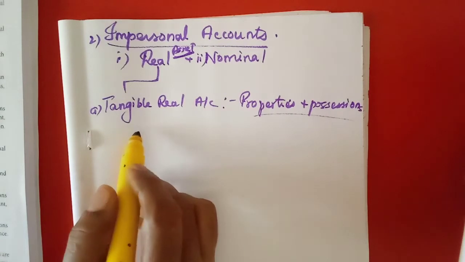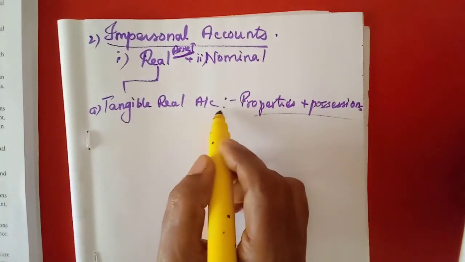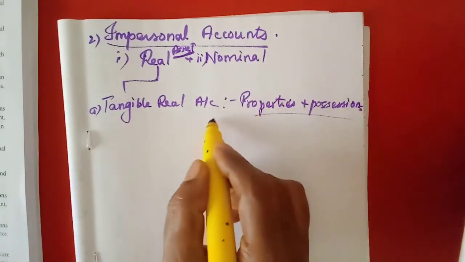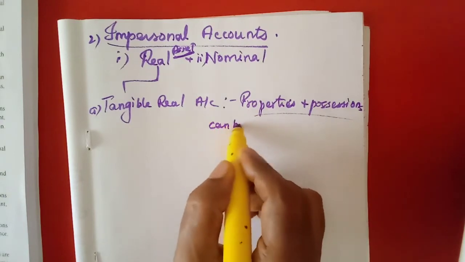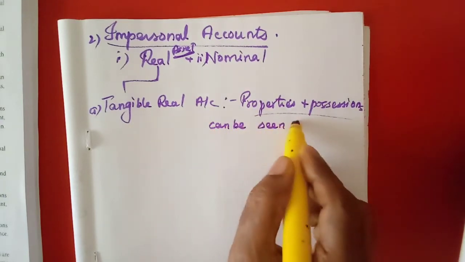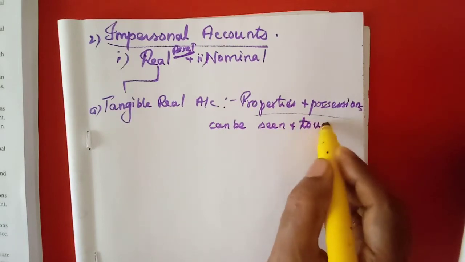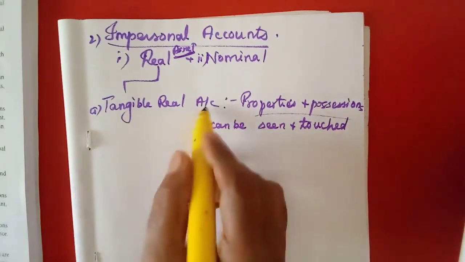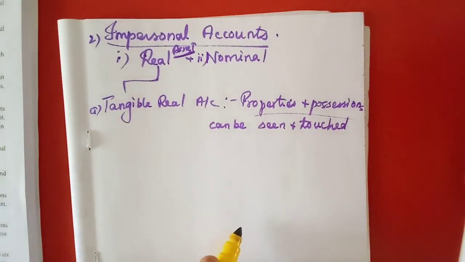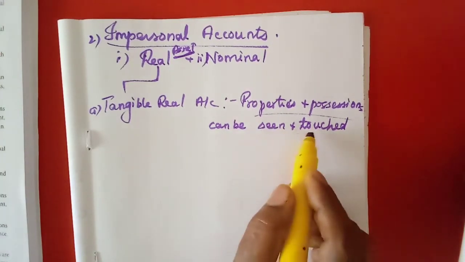Now, these properties and possessions that can be seen and touched are called tangible real assets. What are tangible real assets? That we can see and touch.